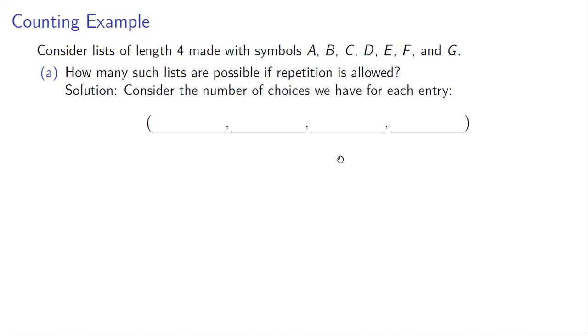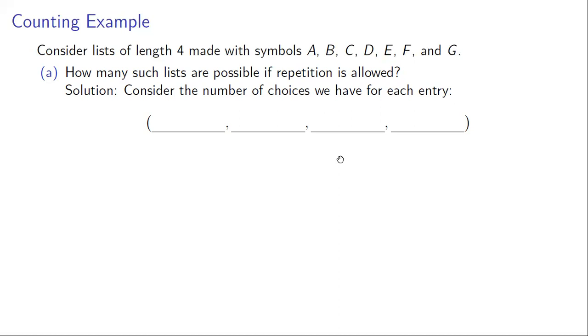Okay, so the solution is, this is a pretty standard way of approaching a counting problem. Consider the number of choices that we have for each entry. So we'll draw a list and leave it blank, and draw lines to indicate the entries in the list, and this particular list is going to have 4 entries.